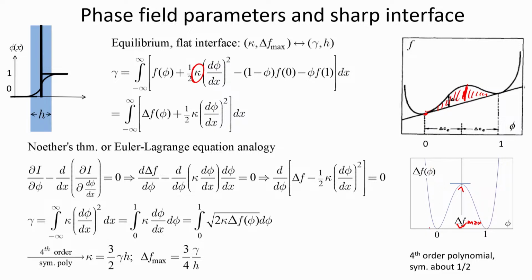If I take that to be a fourth order polynomial, a double well potential, I will get a relationship between this delta f max, this kappa, the interface energy gamma, and the thickness of the interface h. So how should I proceed? Let's assume that I have the interface energy. I will decide what my interface thickness will be for this particular simulation, and then I have my phase field parameters.